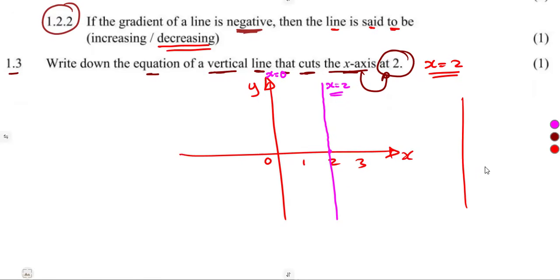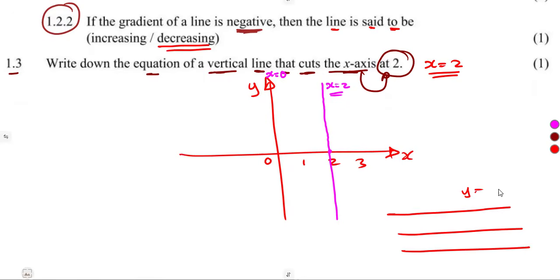Remember, guys, I told you all vertical lines like this, x is equal to a, where a is the value that it crosses or cuts the x-axis. If they are horizontal lines like these ones, y is equal to the value that it cuts the y-axis.